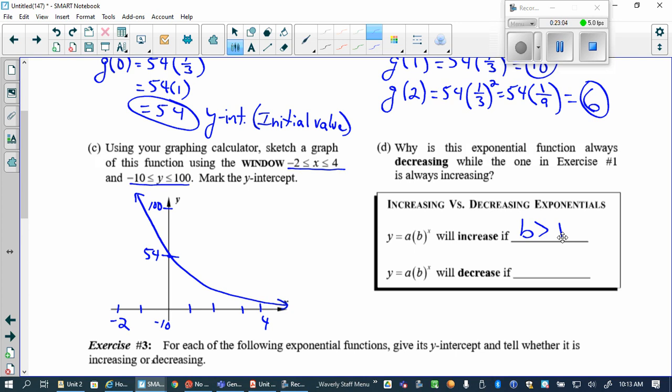Could it be equal to 1? Well, let's think about that. Take a starting quantity and multiply it by 1 some number of times. It's not going to grow or shrink, is it? Now, this will decrease for what kind of b values?